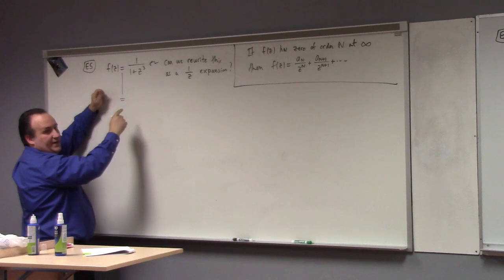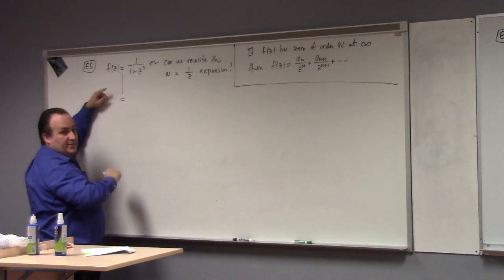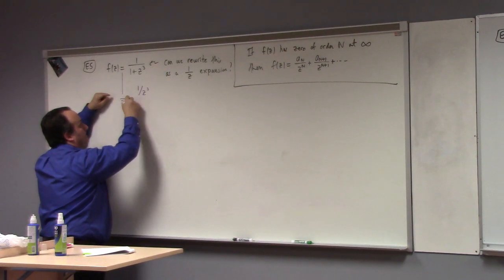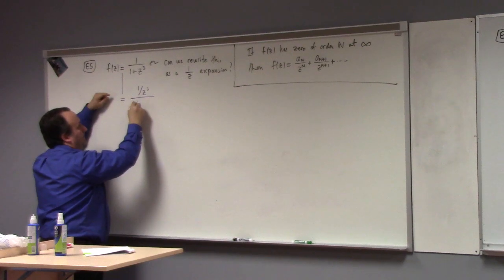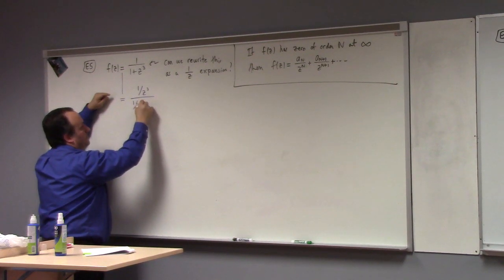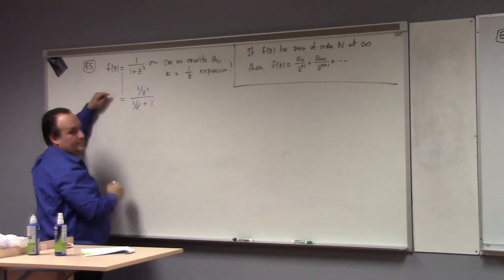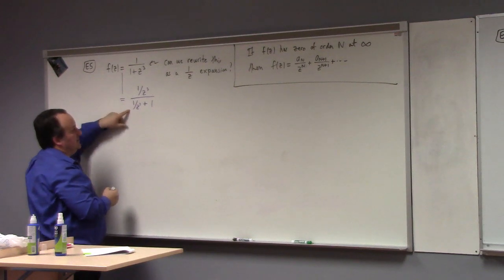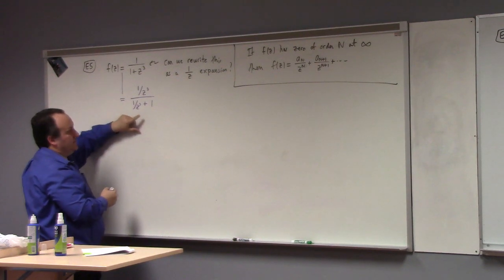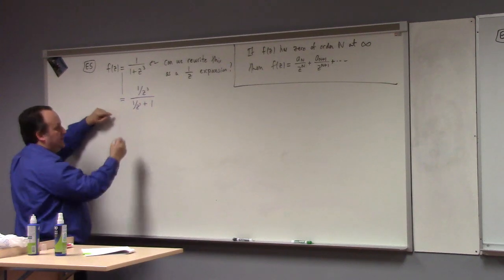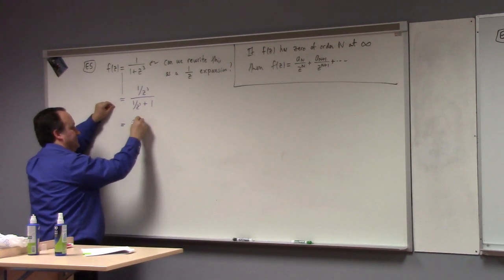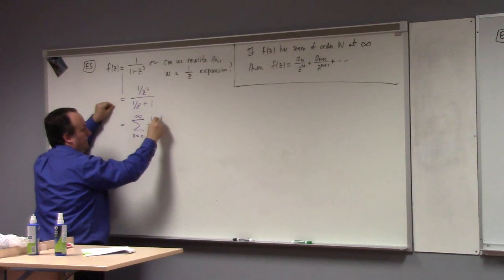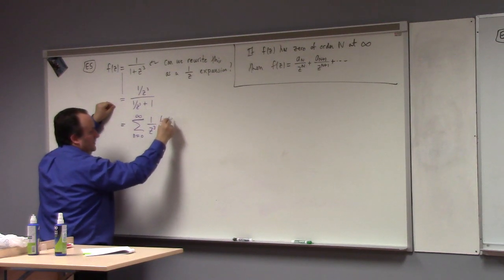So how about this? If I divide the top and the bottom by z cubed, what do I get? Right? Divide the numerator by z cubed, 1 over z cubed. Divide the denominator by z cubed, 1 over z cubed plus 1. Hey, geometric, yay! So this is the sum, n equals 0 to infinity, of 1 over z cubed times minus 1 over z cubed to the power n.